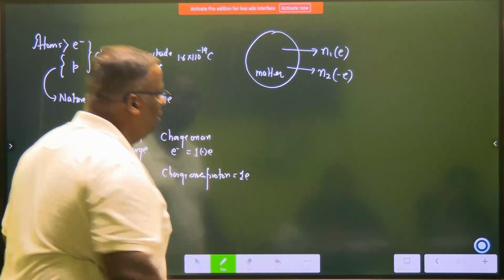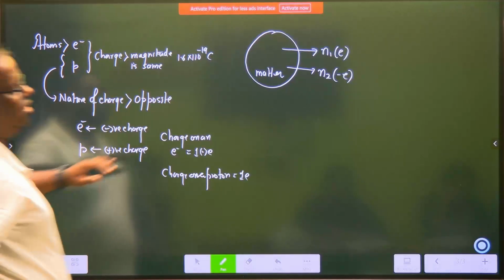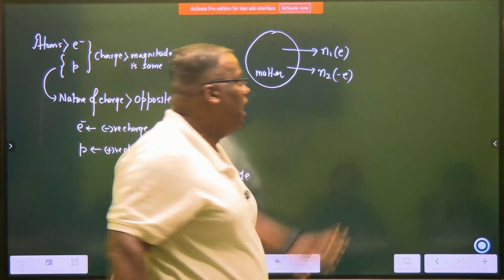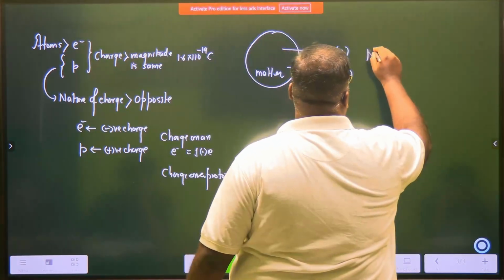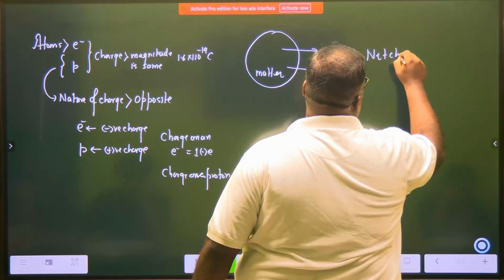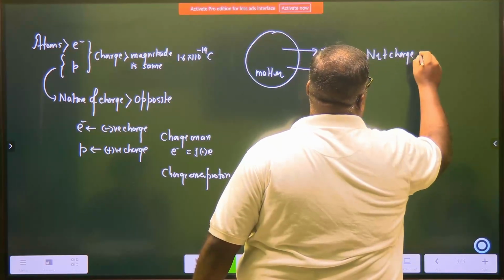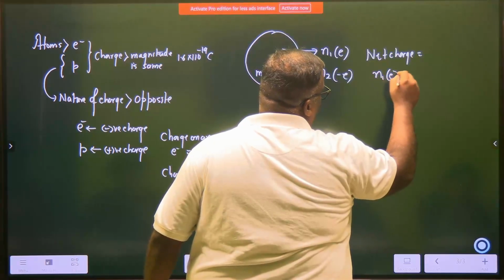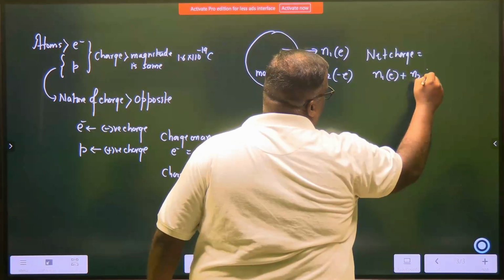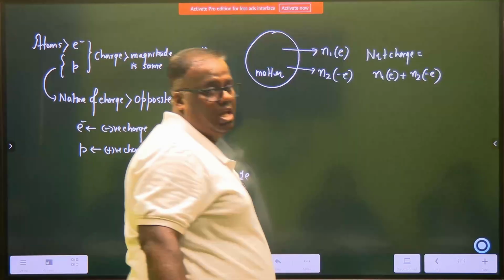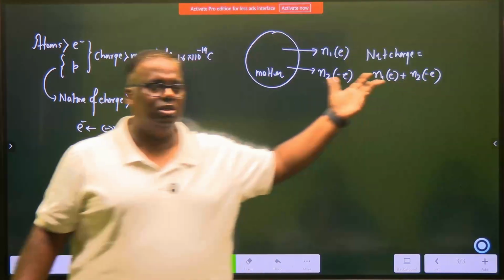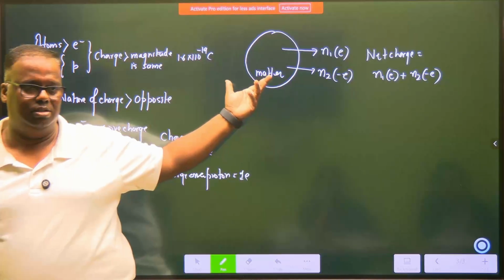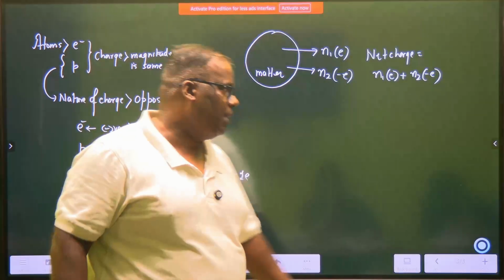It makes it more clear now. So the matter is attributed to two types of charges, and the net charge on this matter is always additive. It is n1 times e added with n2 times negative e. And if n1 is equal to n2, the matter is electrically neutral. Getting it clear now?